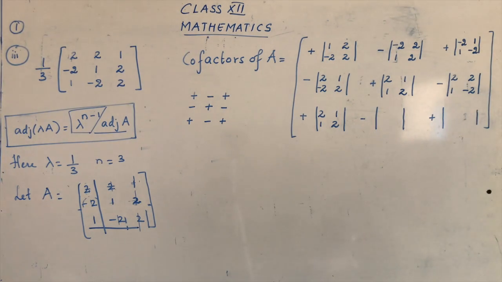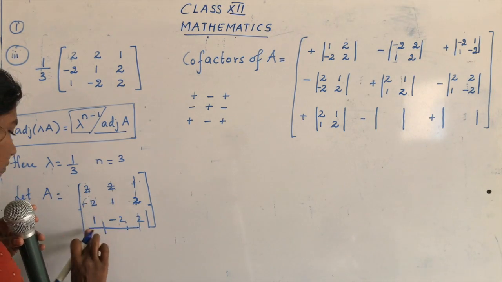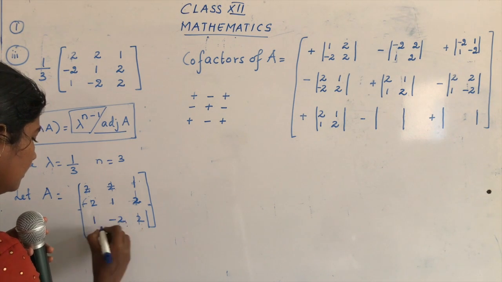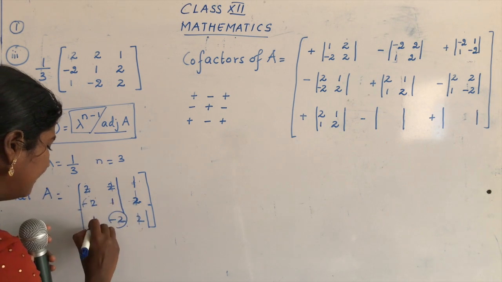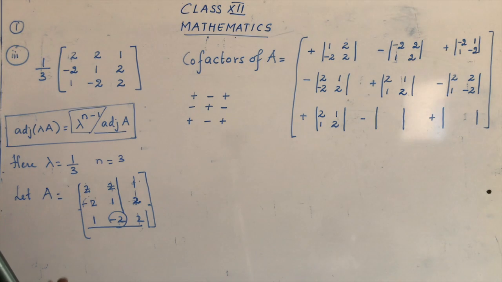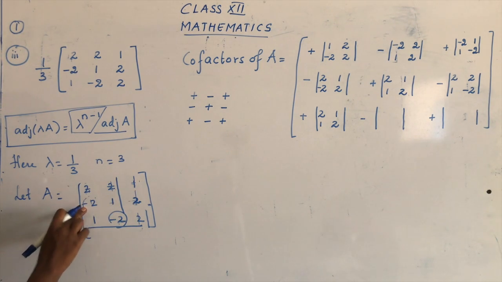Okay, now the next element is minus 2. Eliminate that particular column and row. What numbers are left now? 2, 1, minus 2, 2.